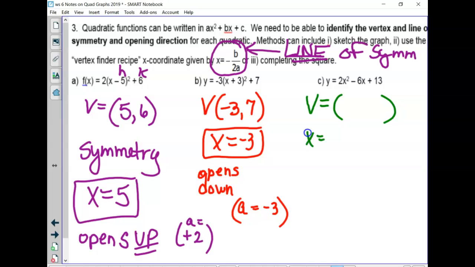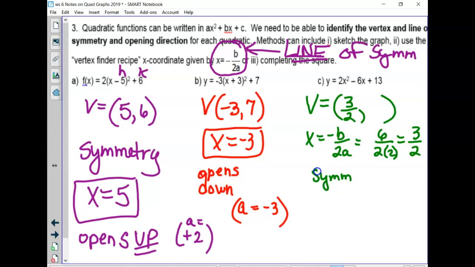You go x equals opposite of b over 2a, which would be positive 6 over 2 times 2. 6 over 4. 3 over 2. Or 1.5. When you go to plug it in, you could plug in 1.5 if you want. We just found the line of symmetry, by the way. It is x equals 3 over 2.